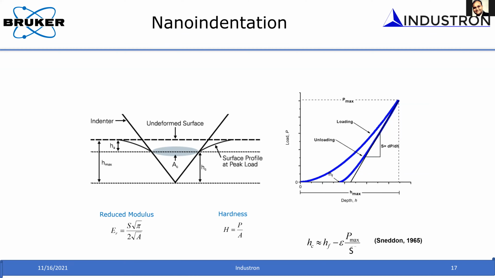So we indent on it, and for a given depth, with the geometry of this diamond three-sided pyramid probe, we calculate the size of this contact as a function of depth, and we call it the area function. Once the tip has been calibrated, you can use the same calibrated area function to measure the property of a different material, for example copper or aluminum or whatever it is.